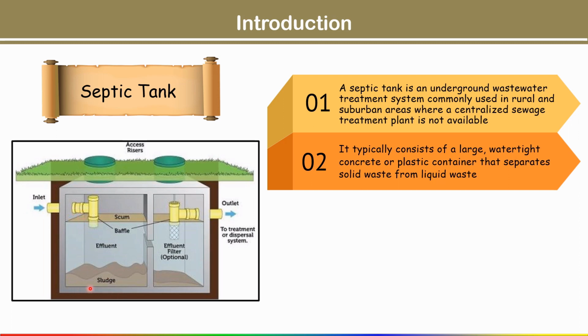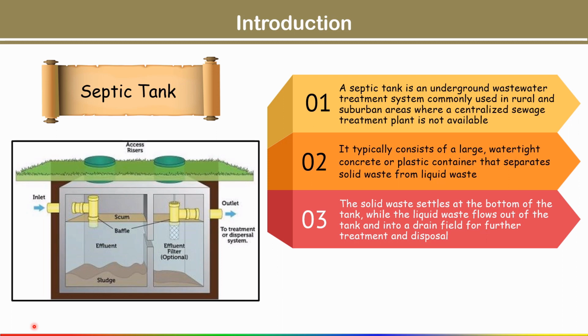Here we have sludge. Due to bacterial action, the wastewater will convert into sludge form. And here we also have an effluent filter. From here the wastewater will go out.